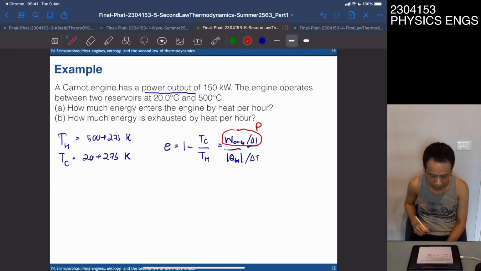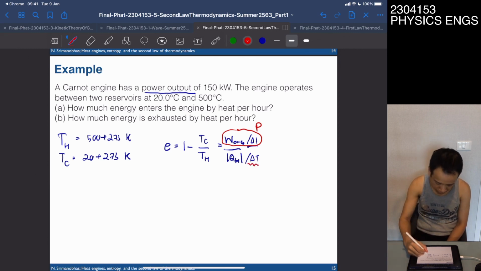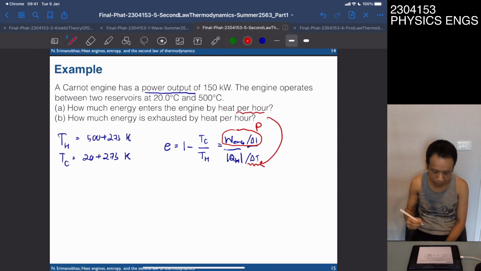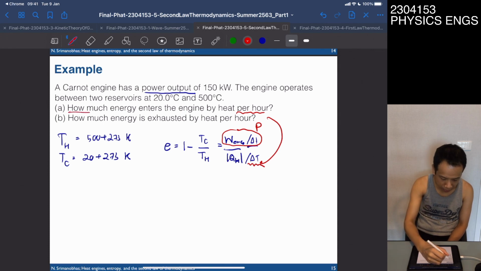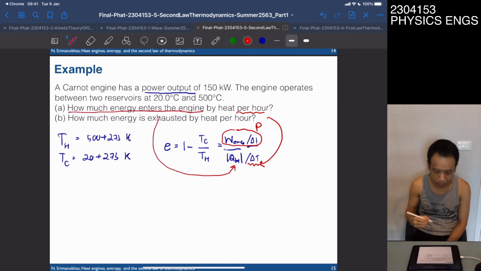And this one is per hour. And how much energy enters the engine? It's this one.